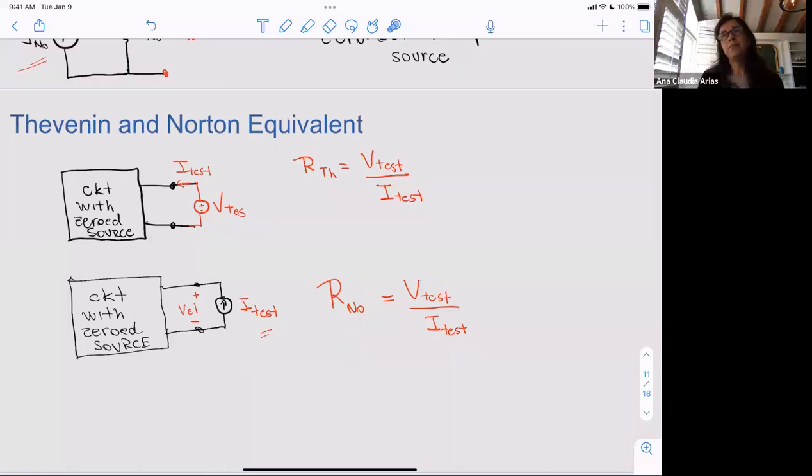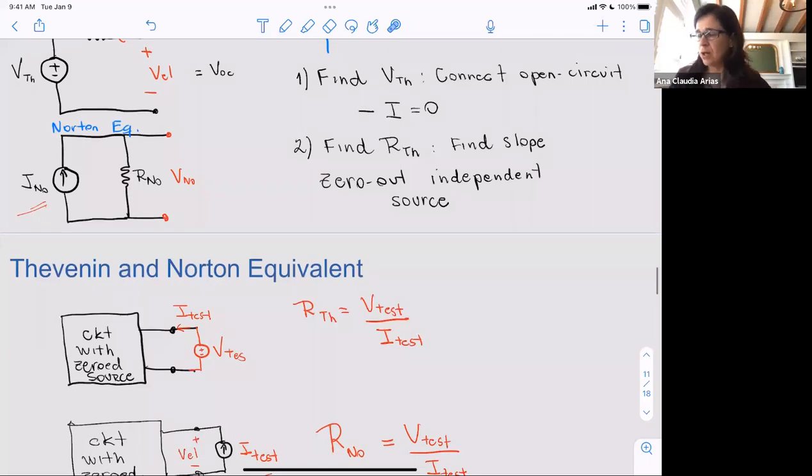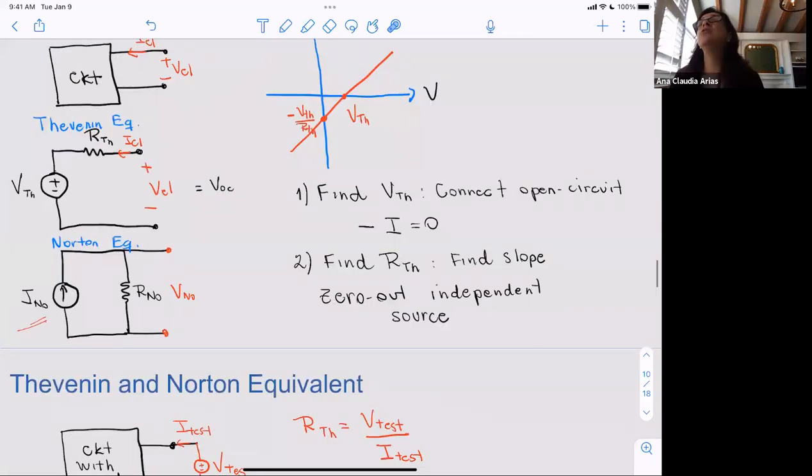okay? So now the question in the chat, and I will ask that back to you. If I had to ask you, what is the current in R Norton, which was a question that came directly to me on the chat. So what's the relation between I Thevenin and I Norton, V Thevenin and I Norton? It's right here, right?